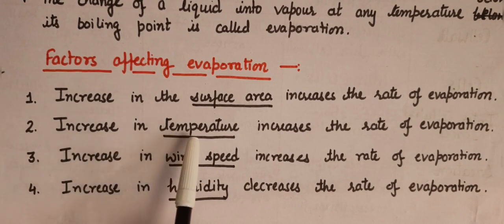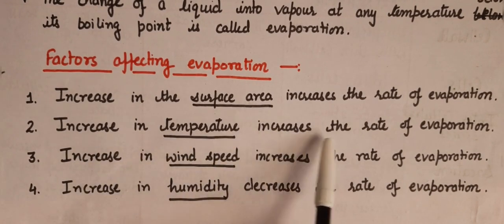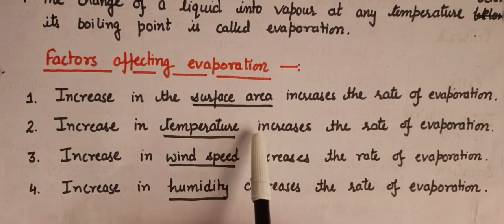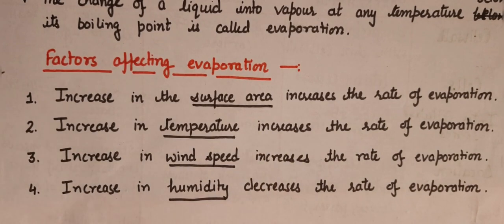So, the rate of evaporation is also more in the tub as compared to the bucket. Similarly, if we increase the temperature, then again the rate of evaporation increases. As you see, on a hot summer day, the rate of evaporation is more as compared to a rainy day. It means if temperature is more, rate of evaporation is more.